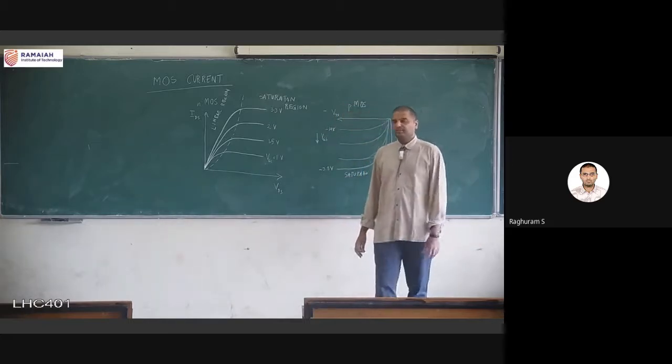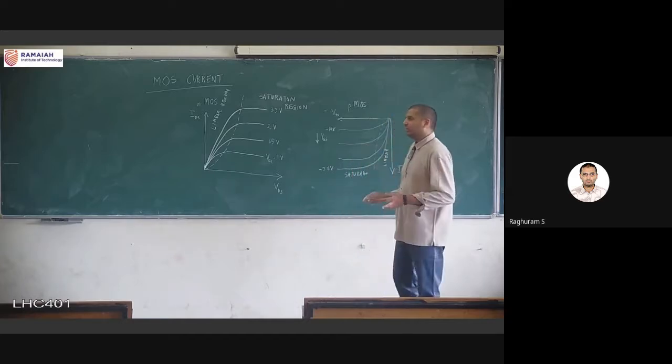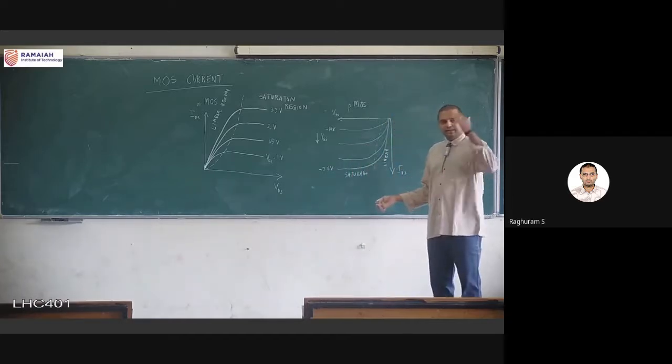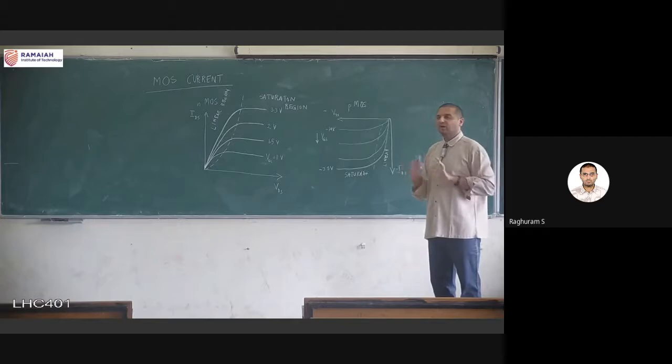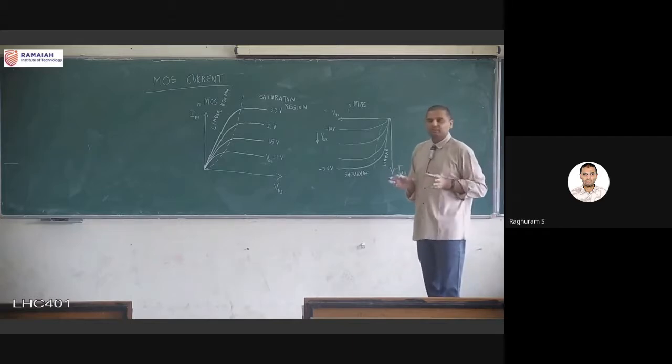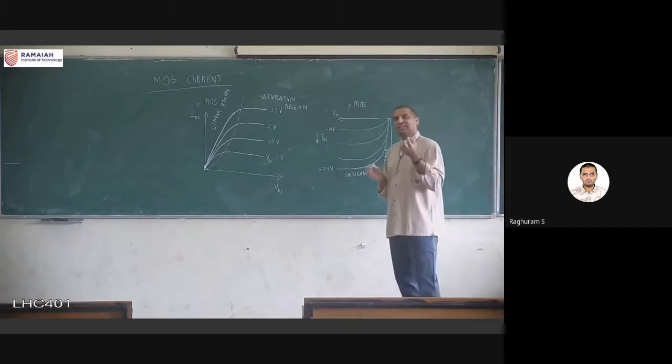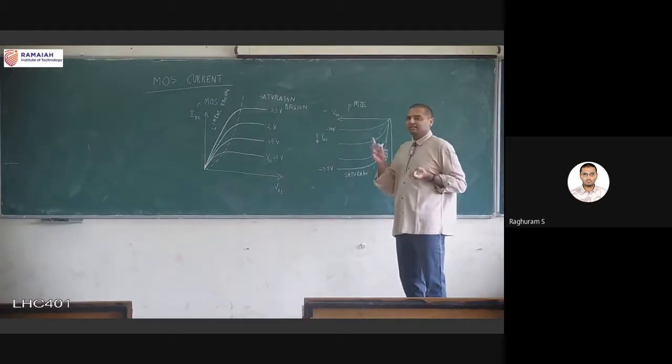The only thing is, in NMOS transistors, VDS is positive and IDS is positive. In PMOS transistors, VDS is negative and IDS is also negative. It never means that we're applying negative voltages anywhere. It just means that VD is lesser than VS. That is the only difference between these two devices.